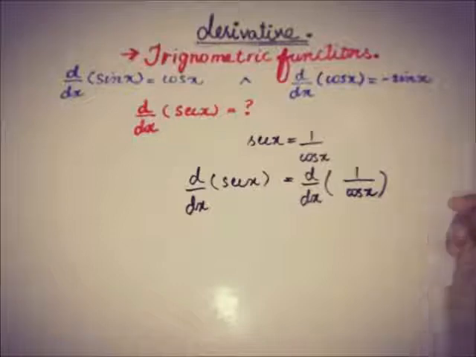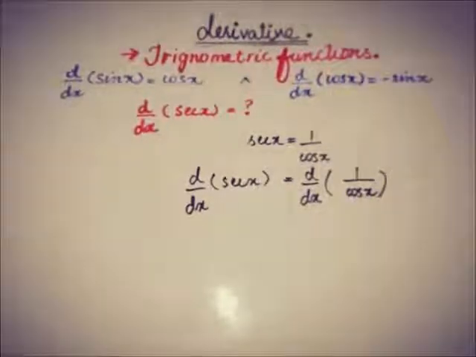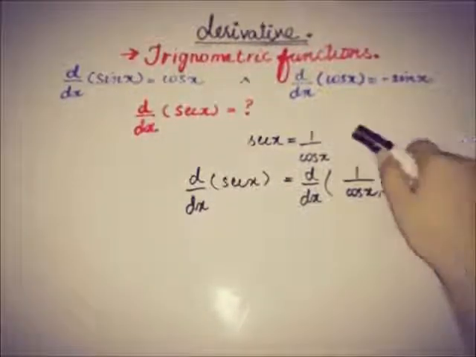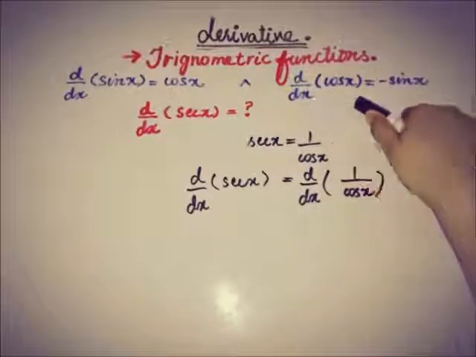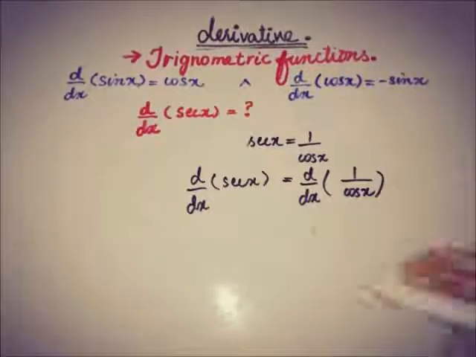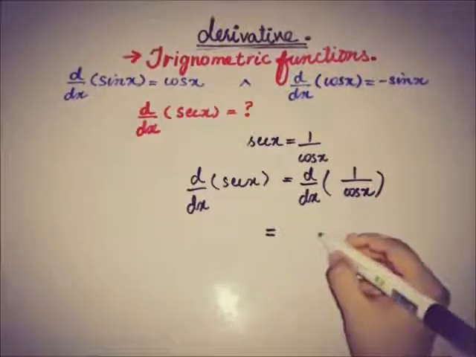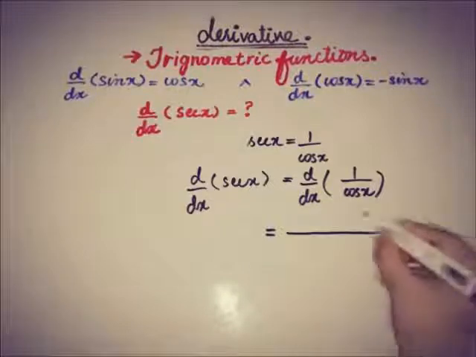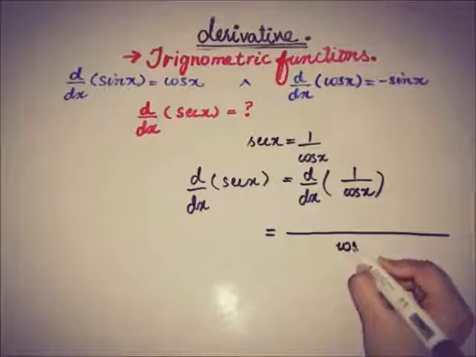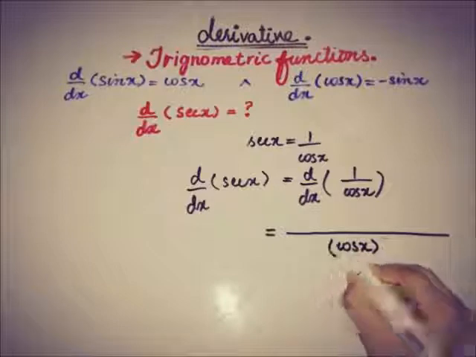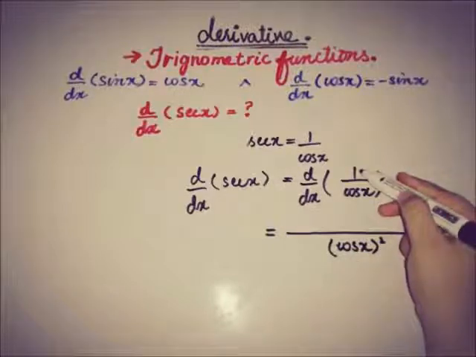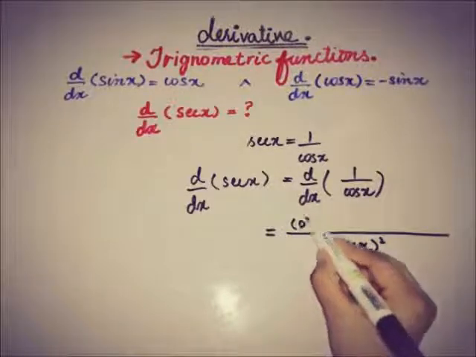And we know that the rate of change of cos of x is equal to minus sin of x. So we will use the quotient rule here: first, the square of the function in the denominator, times the derivative of the function in the numerator, that is 1, so it comes out as 0.